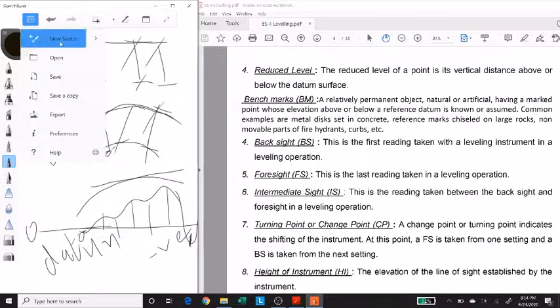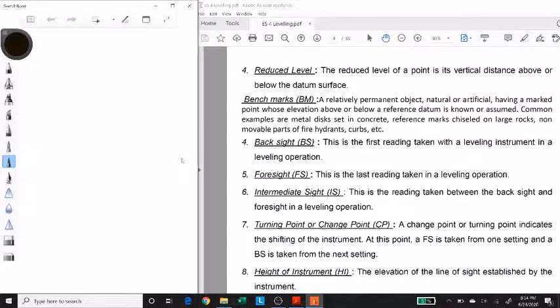So if you're working with mean sea level as a datum, and you want to work with the same datum, or the same reduced levels, that means when you start your project, you need to have a benchmark. Let's say this point is my benchmark.